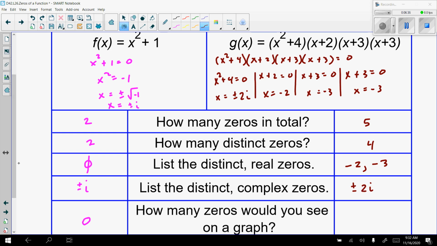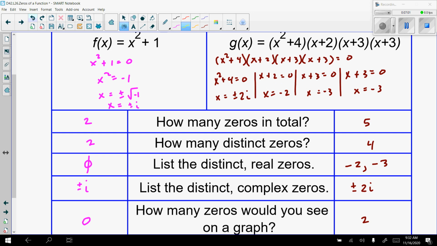And lastly, how many zeros would you see on this graph? We would see 2. We will see a zero on the graph, which is also a root, at negative 2, and we will also see one at negative 3. And again, negative 3 is the same point, so it only counts as one root on a graph. So we will see 2.